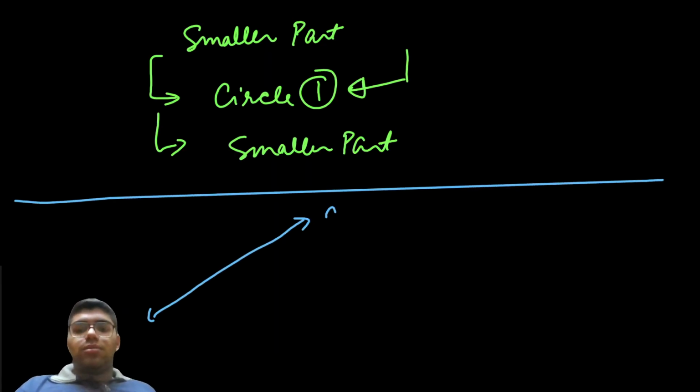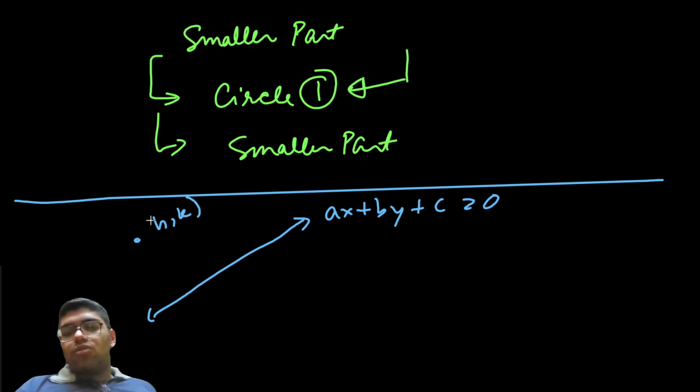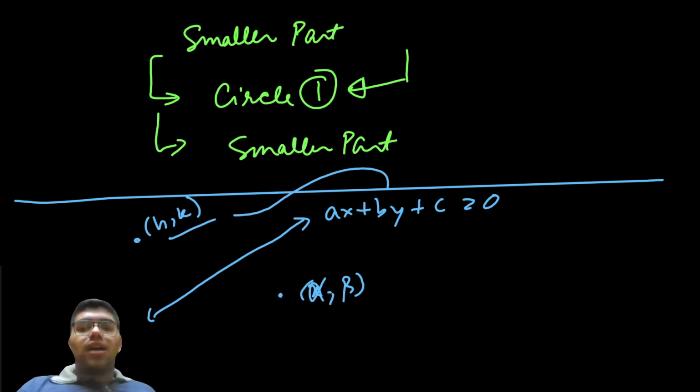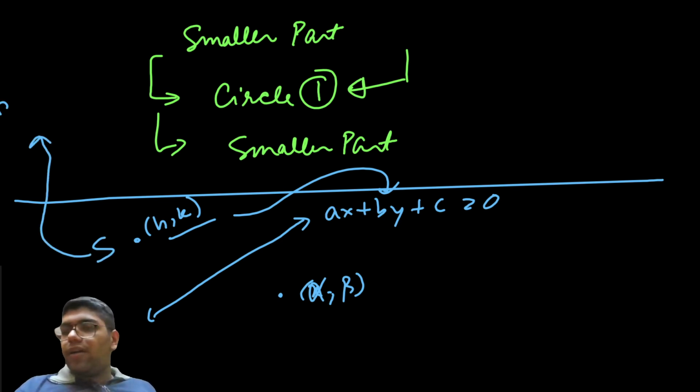For example, if we have a line ax plus by plus c is equal to 0 and there is a point h comma k, and let's say there is some point I'll call alpha comma beta. When I put h comma k in this format, what I am getting is some s. This is s, the power of point. So this is a times h plus b times k plus c.